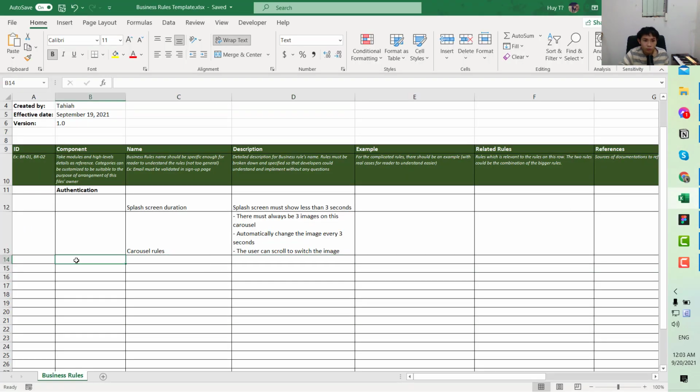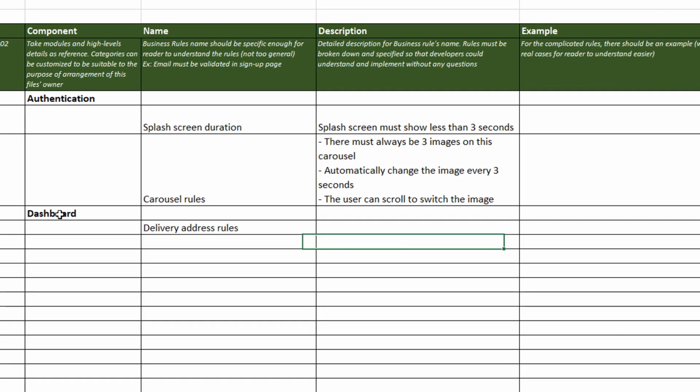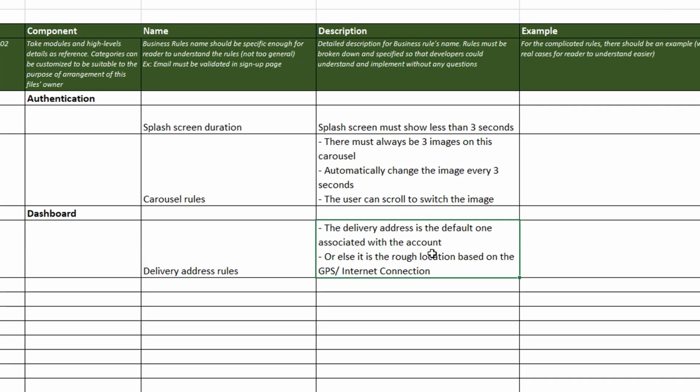So here we put the dashboard and we have the delivery address rules. Okay, put a rule. It could be this one. That is the first rule.